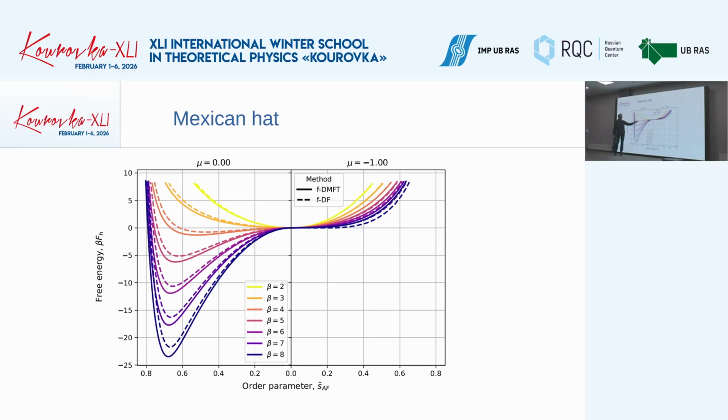But you see that, for instance, for beta equal 4, this minimum is very broad. And of course, there are strong fluctuations. You cannot actually neglect them. And this tells us why DMFT was wrong for this temperature. So the fluctuations of the parameters are extremely high.